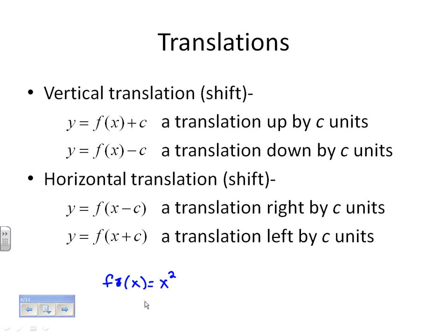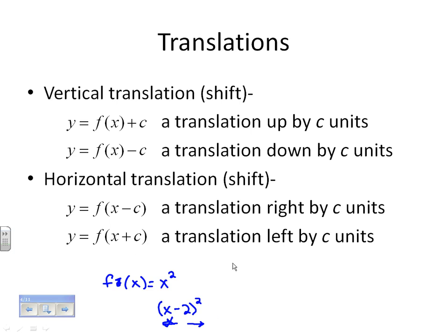For a horizontal translation, I'm actually going to put the number inside of a parentheses with the squared on the outside, and I'm doing whatever the opposite of this number is. Like if I have a -2 here, I'm not going -2 on my x, I'm actually going +2. Okay, so not -2, I'm going +2. It's the opposite sign. Okay, so a -c is to the right c units. A +c is to the left c units.